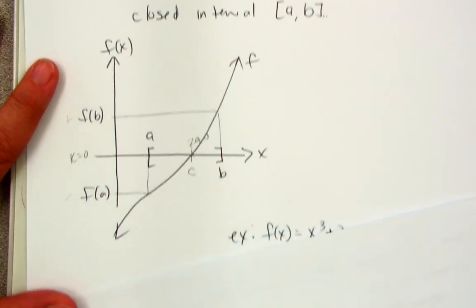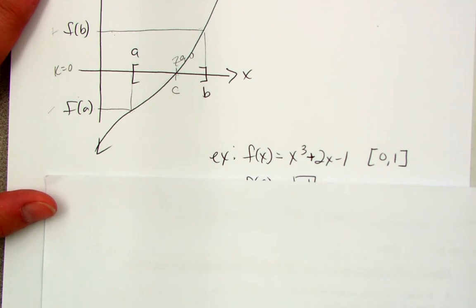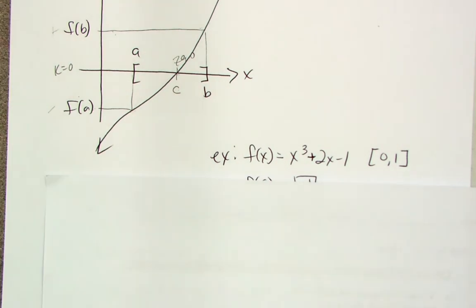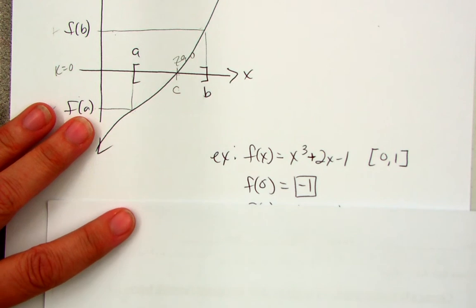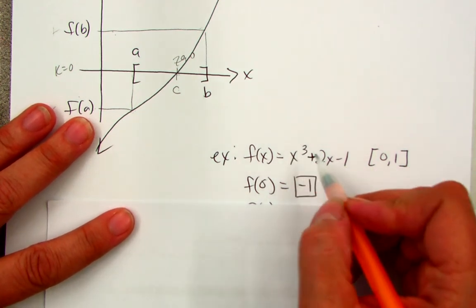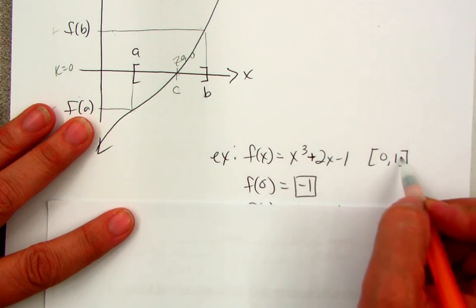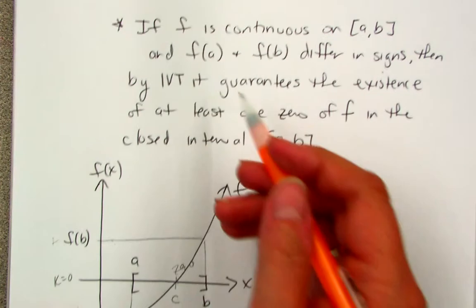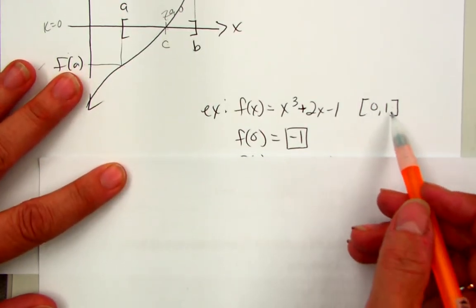Let's look at this algebraically. I have some function, x cubed plus 2x minus 1, on the closed interval from 0 to 1. Now this is a cubic function. It has no holes. So between 0 and 1, clearly it is continuous on a closed interval. What I'm looking for is if there is a 0 in between 0 and 1 on the x-axis. So I have to show that f of A and f of B, the endpoints of the closed interval, differ in signs.